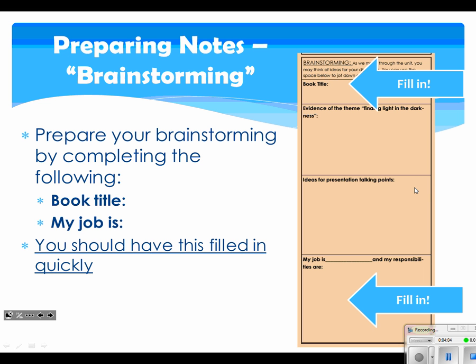And the final box at the bottom of brainstorming is a sentence frame and then a place to put notes. So you're filling in your job title, but also your responsibilities. For responsibilities, you can just make a bullet point list. As a discussion leader, one of your responsibilities is to be in control of your group. As a reporter, one of your responsibilities is to make sure that you summarize each section of reading. I'm going to give you a minute to get that final piece of your bookmark ready to go.